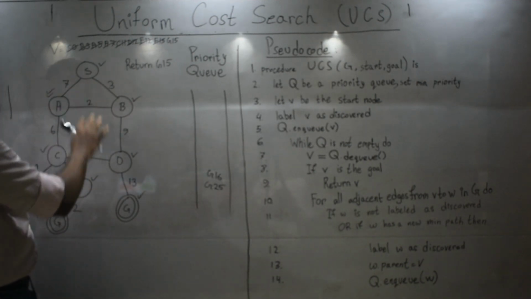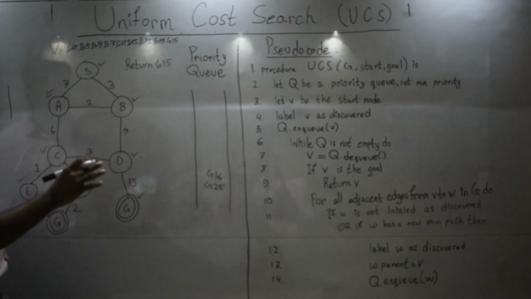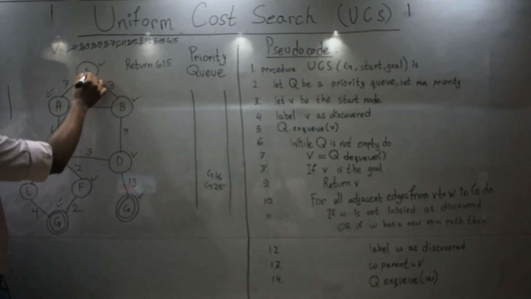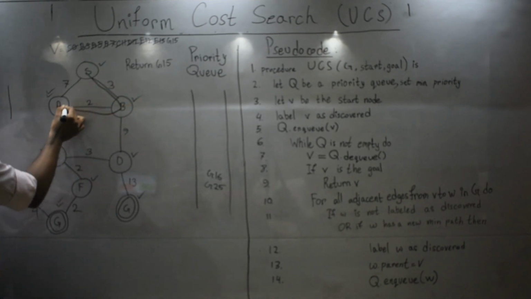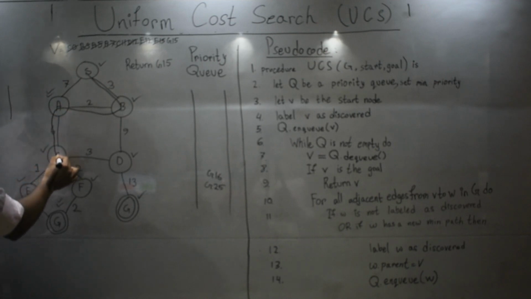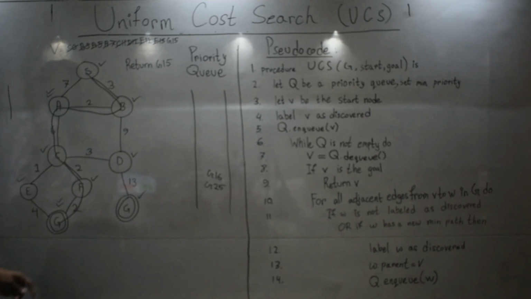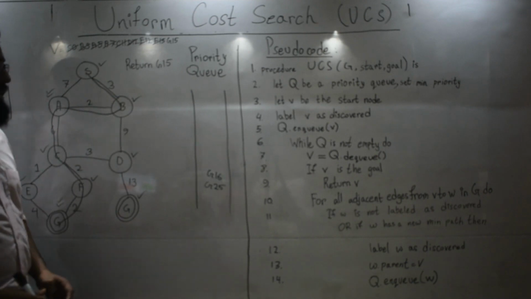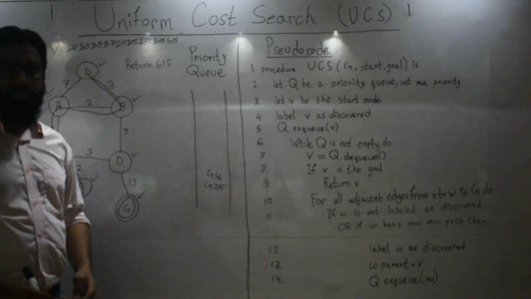So in this graph, the path of least cost basically goes as such. I'll just draw it for you. From here you go here, from here you go here, and you reach here. So this is the optimum path for this solution. And that's all for uniform cost search. Thank you.